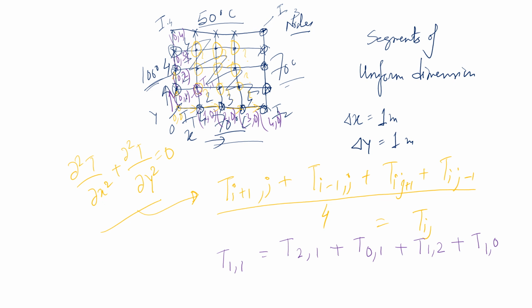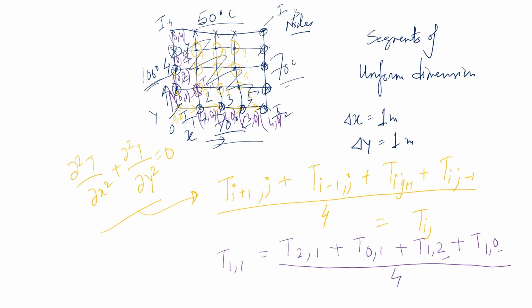Because we are trying to find out the temperature at 1,1. So this is T21, T01, because I plus 1 will be 2 if I is equal to 1, and this will be 0. And when J is equal to 1, then J will be 2 here, and on the next point it will be 0. And this will be divided by 4.